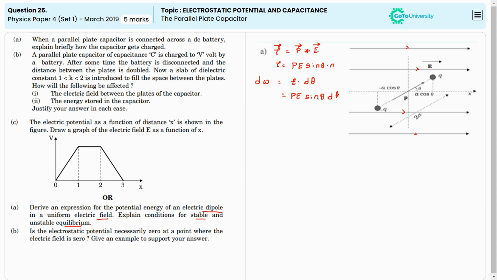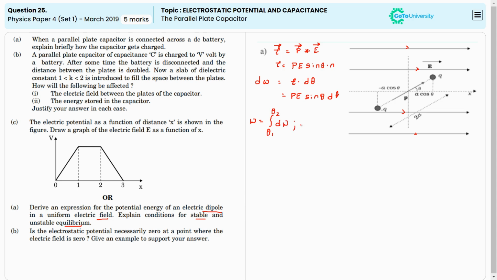If I integrate from theta 1 to theta 2, then work W is equal to the integration from theta 1 to theta 2 of dW.